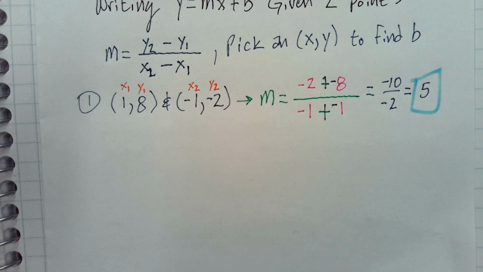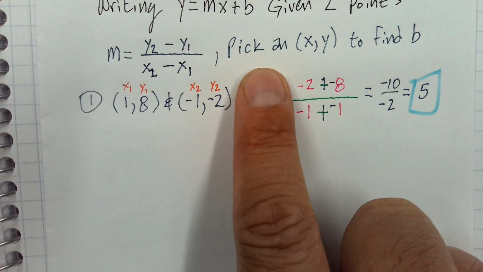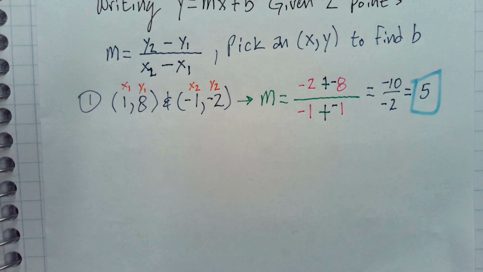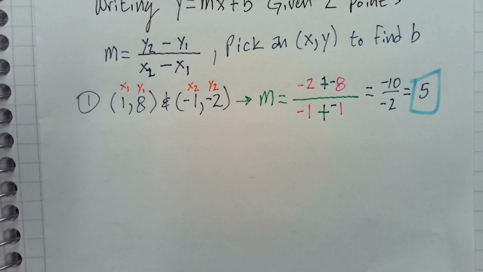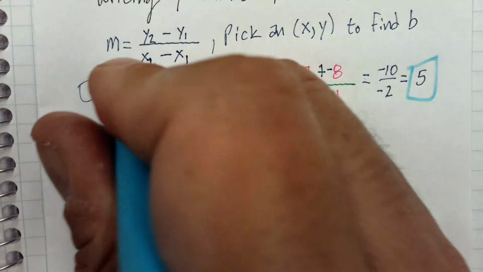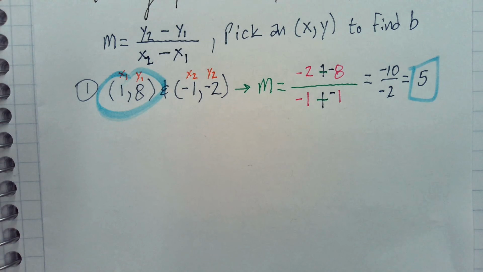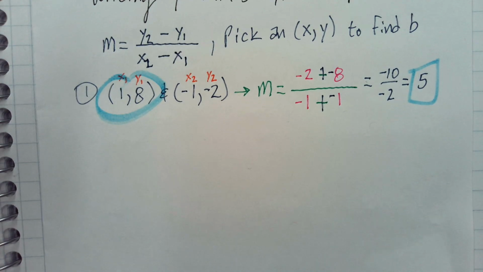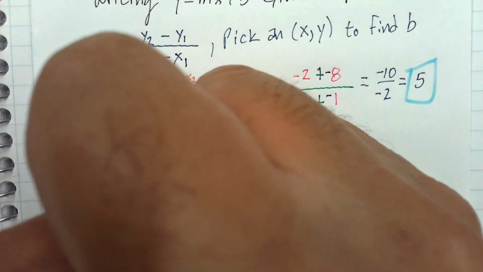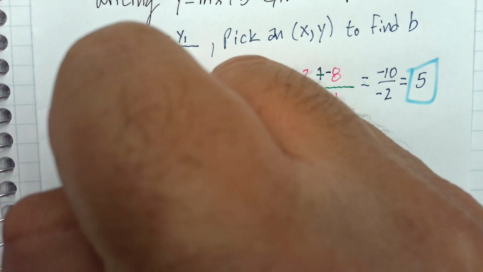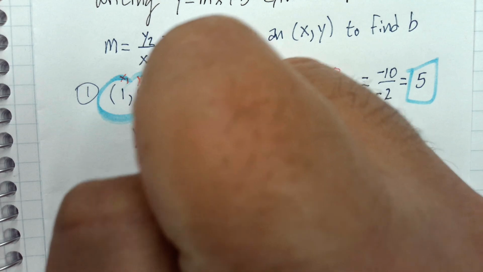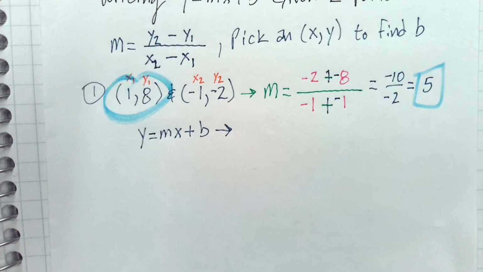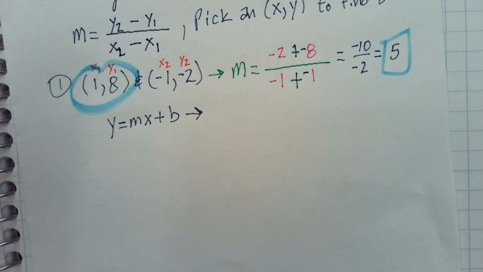So now the second part is pick an x, y. Pick either ordered pair, 1, 8 or -1, -2. It doesn't matter. I would pick 1, 8. So I'm going to pick this one. Here's what we're going to do. We're going to take our slope-intercept equation. We're going to plug in every number that we know.